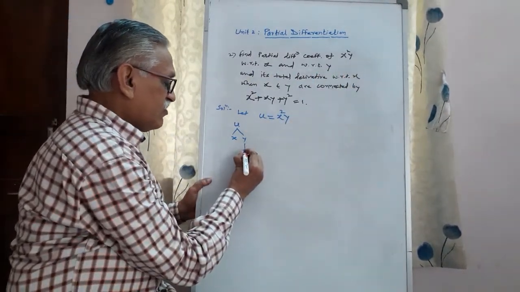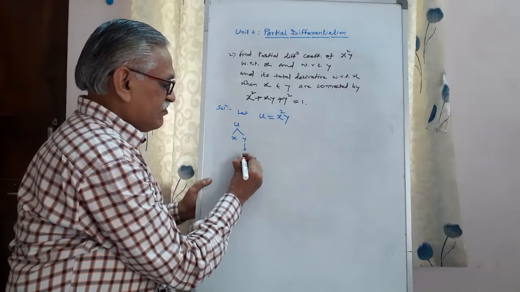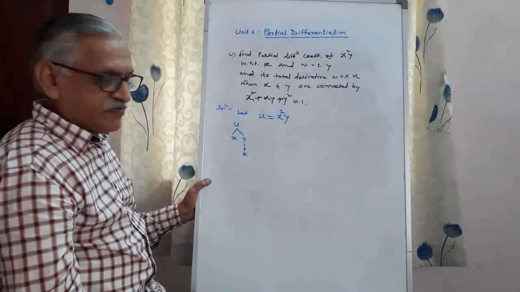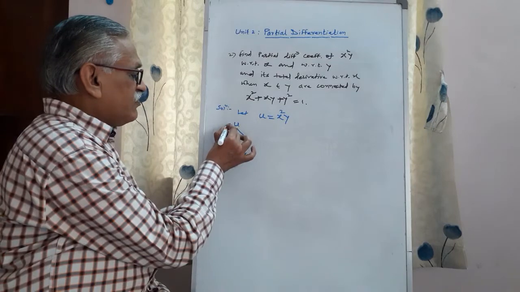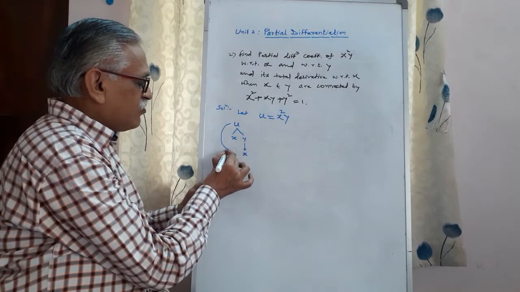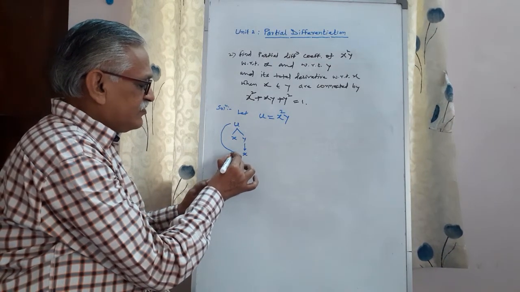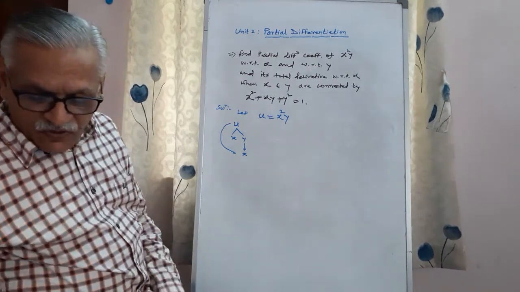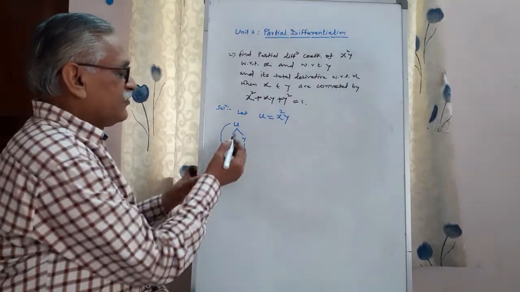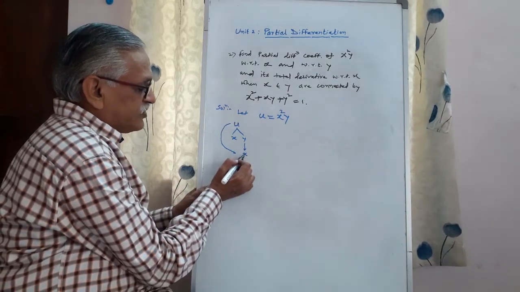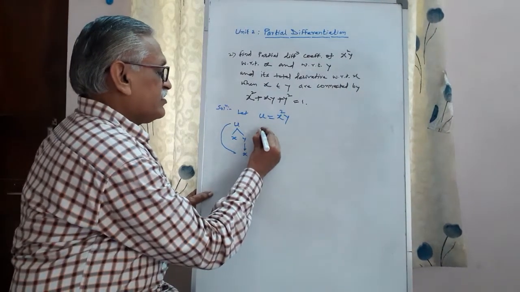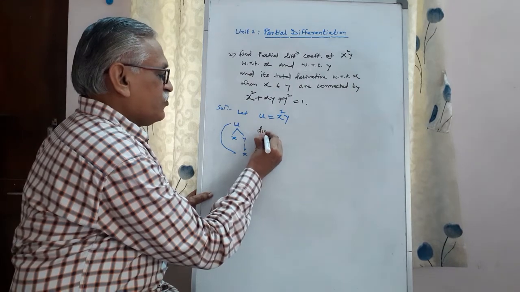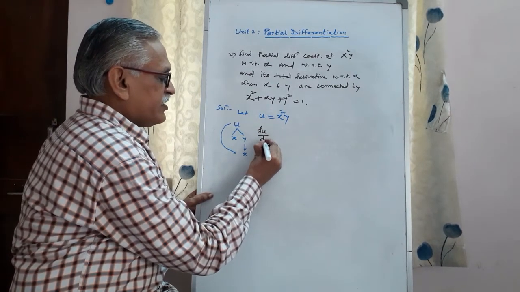Therefore, y is a function of x, and therefore it is the third formula from those I discussed earlier. When we differentiate this with respect to x, it is the total derivative of u with respect to x, ordinary type.